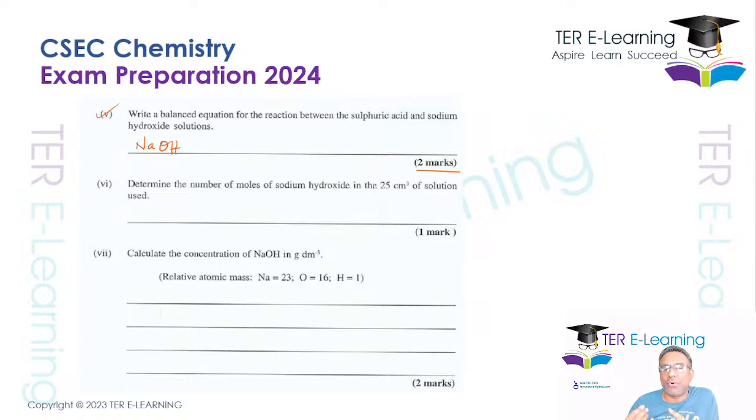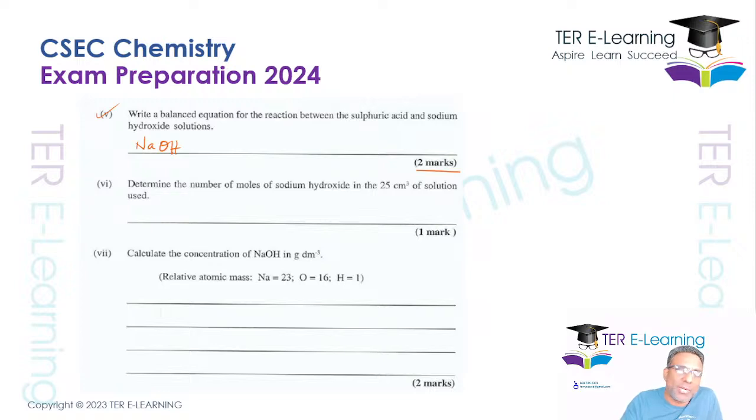Normally, if they ask you for an equation, it could just be 1 mark, and in order to get that 1 mark, you must have the formula for every single thing correct. If they tell you to balance it, and you balance it correctly, you get 2 marks. If they ask you for state symbols, then the question is worth 3 marks. When I say state symbols, I mean you need to put aqueous, solid, gas, and you get marks for that.